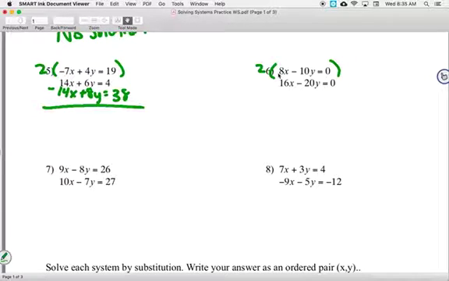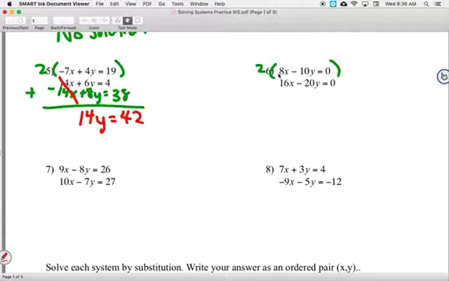Okay, now I'm just going to add these straight down, because I have a 14x here and a negative 14x here. So I'm just going to add straight down because they have opposite signs. As I add, I get 0 right there, which is what we wanted, that's the goal. 14 minus 14 is 0. 6y plus 8y, what's that going to give us? 14y. And 4 plus 38 is going to give us 42.